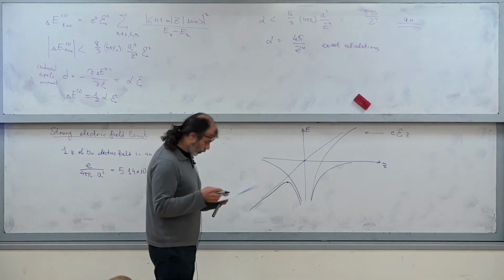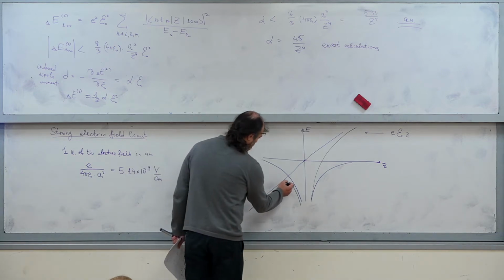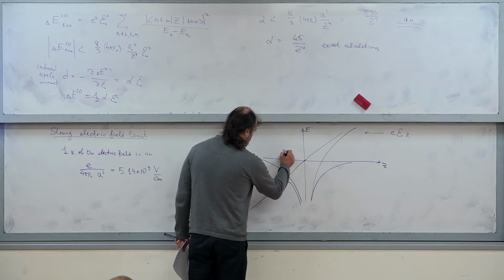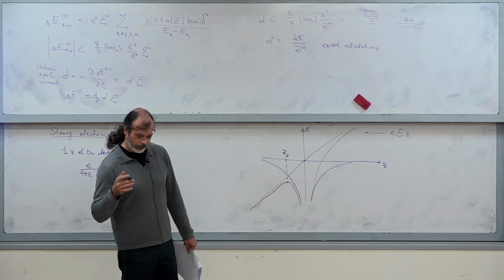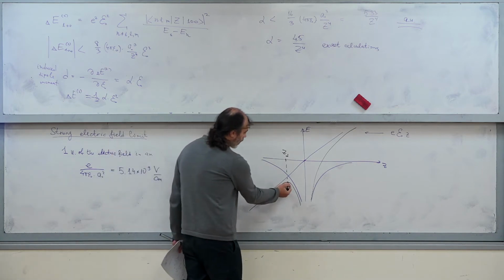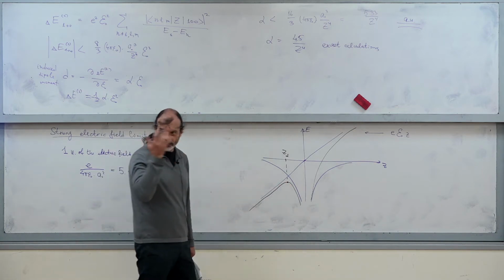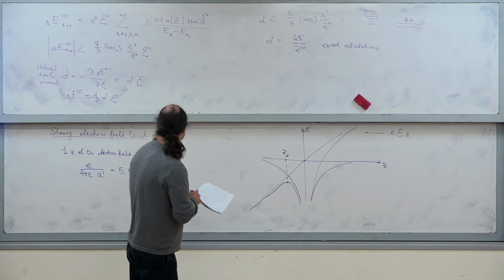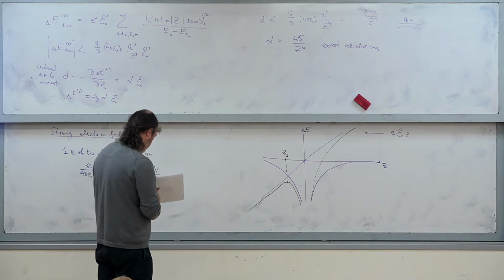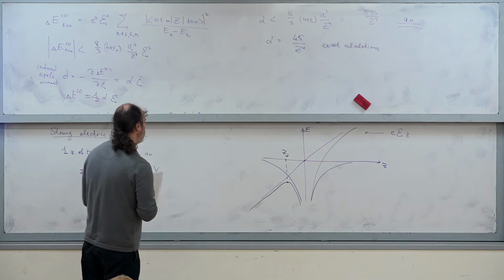Essentially, where this saddle point is, ZD. That's the question. And the second question is, what is the strength of this potential at this point? These are simple mathematical questions that we can easily answer.